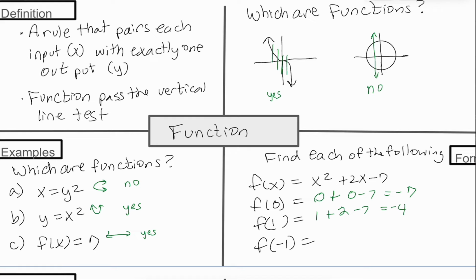If we plug in negative 1, we get 1 minus 2 minus 7, which is negative 8. So you can think of those as ordered pairs. Like this is the ordered pair 0, negative 7. I input 0, I get out negative 7. So think of a function as an input-output device. I input something, I get exactly one output. So that's functions.